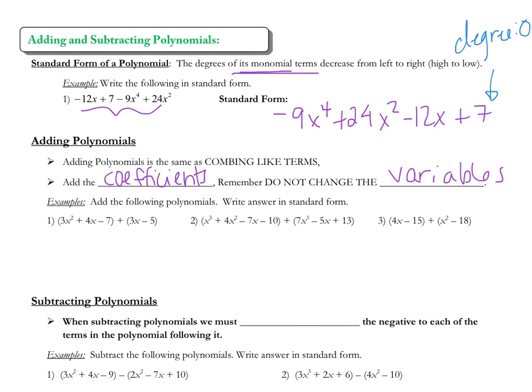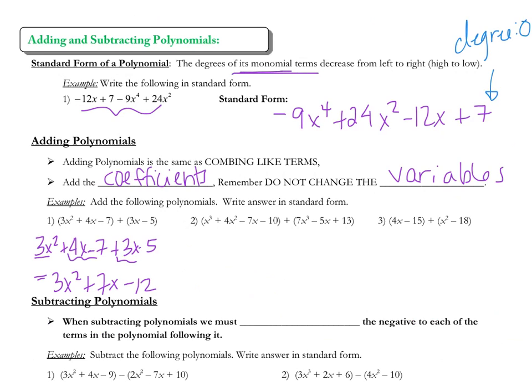So, since the only number in front of these parentheses is just 1, when we distribute 1 through, we get the same answer. Okay, so this would be 3x to the second plus 7x minus 12. Okay, pretty straightforward.